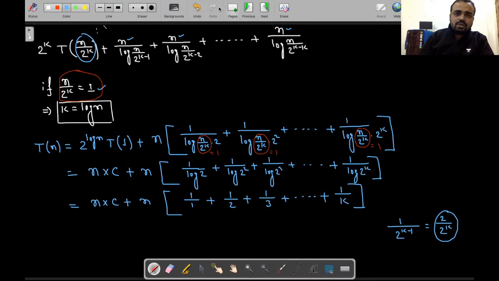So already you know the sum series. Already I have told you in my previous session that 1 plus 1 by 2 plus 1 by 3 plus up to dot dot dot 1 by n, this sum series is equivalent to log of n.